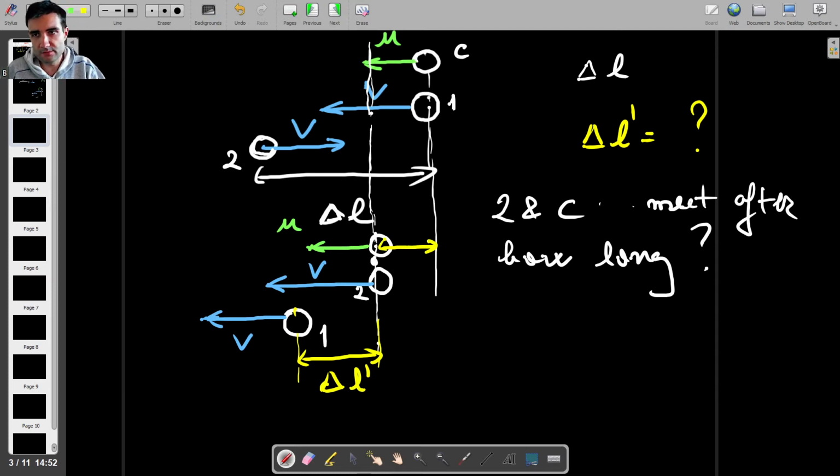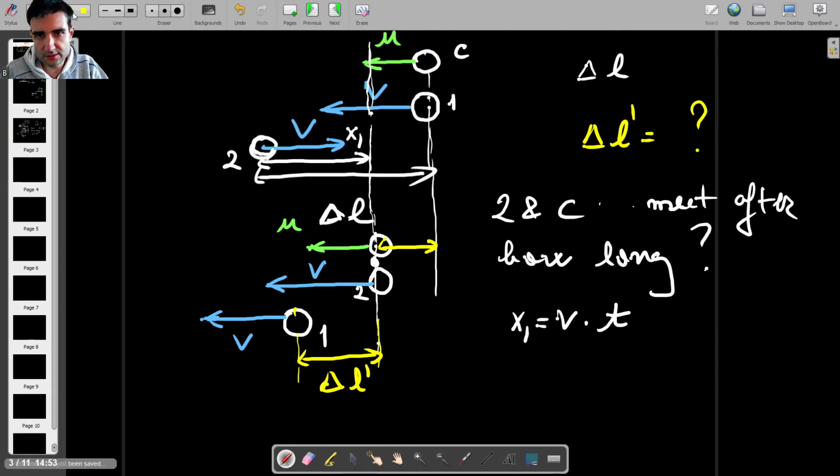So what we can then do is find the distance from 2 to this line, which is, let's call this x1. And we know x1 is equal to the velocity of this guy times the time. So that's the time it takes for 2 to reach basically this point.